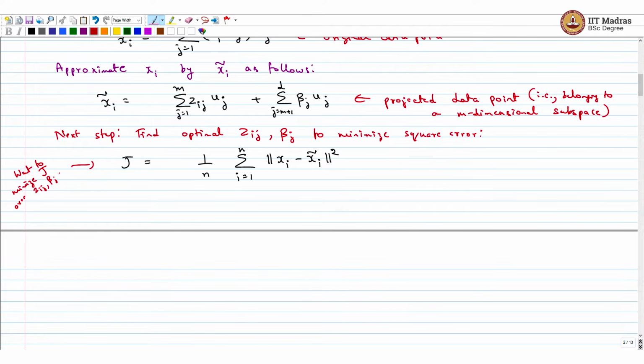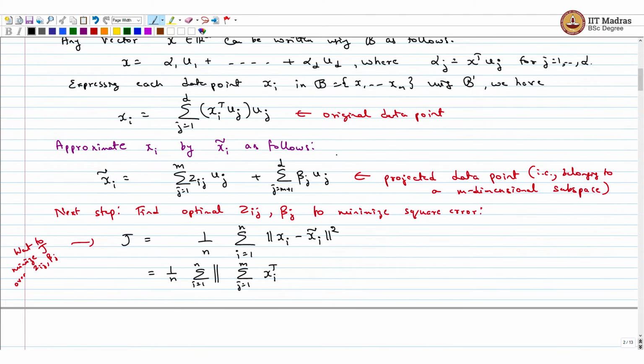Now before we go on to minimizing this, I'll just rewrite this objective by expanding the square. So this is nothing but 1 by n summation i equals 1 to n, the norm of xi minus xi tilde.